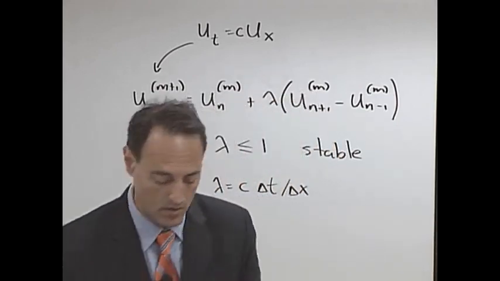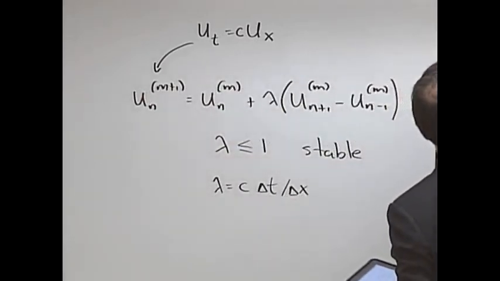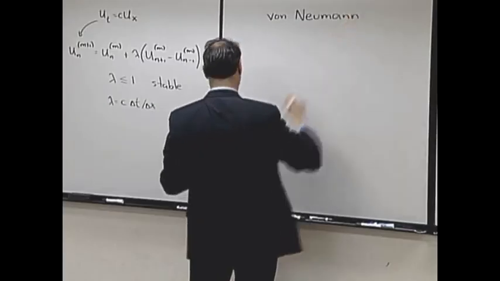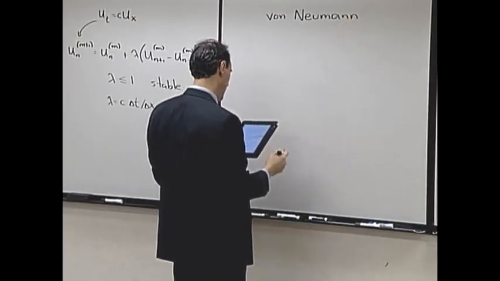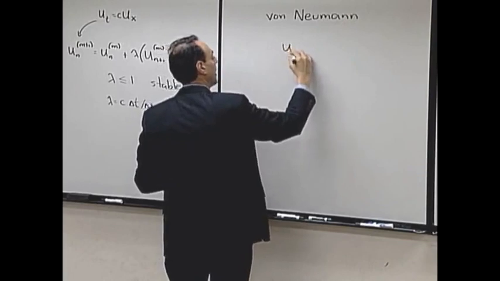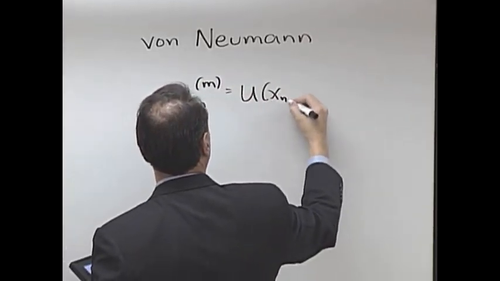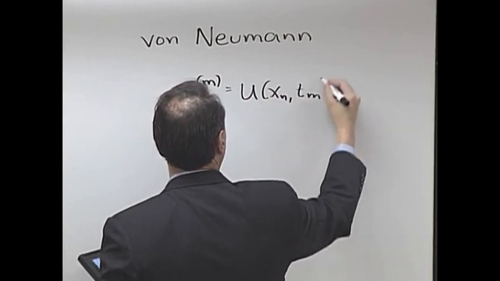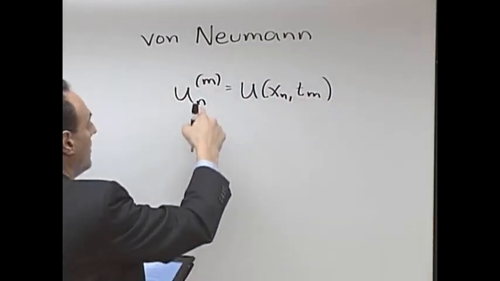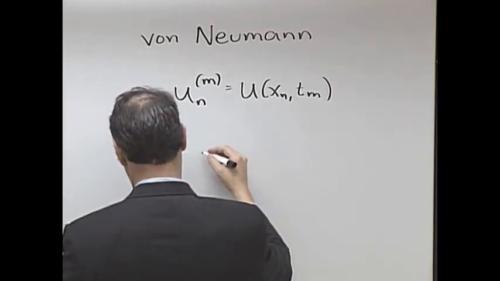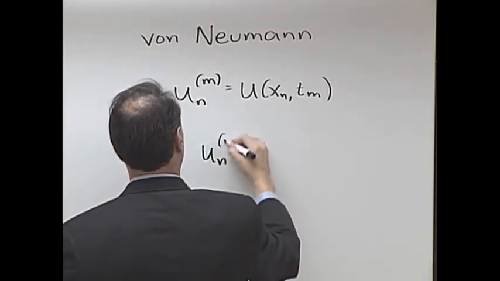So the idea for the von Neumann analysis was to say, let's do the following. If we think about that as our nth time, nth position, then you let this thing look like the following.